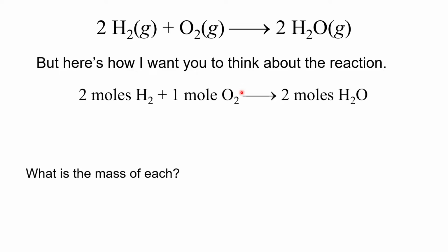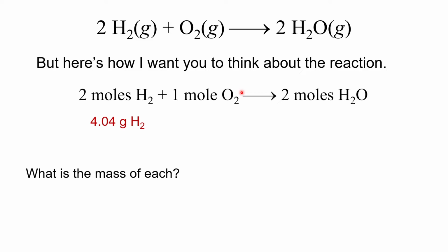If we were to have 2 moles of hydrogen and 1 mole of oxygen, what would the mass of that be? Well, since hydrogen has an atomic mass of 1.01 and H2 would have a molar mass of 2.02, and we have 2 moles of it, it would be 2 times 2.02, so 4.04.